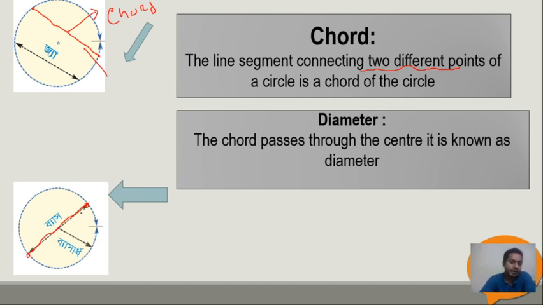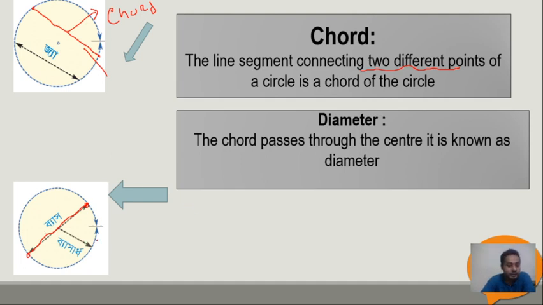I think that a diameter is also a chord of a circle, and the diameter is the greatest chord of a circle because it is passing through the center. If any chord is passing through the center, this chord is known as a diameter. Its another name is diameter, but a diameter is also a chord.